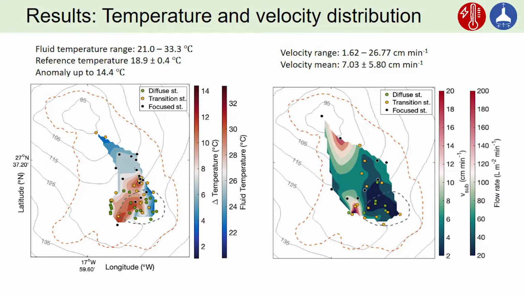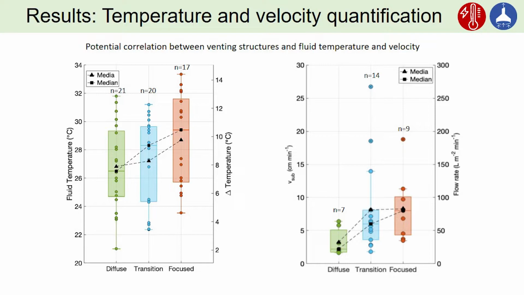So if we see the values, the numbers, and we classify all these stations, here we see the group of stations classified as diffuse for temperatures and velocities, that we find that the temperature is going to increase from diffuse to focus, and also the velocity is going to increase from diffuse to focus stations.